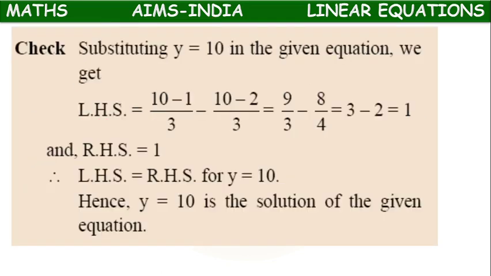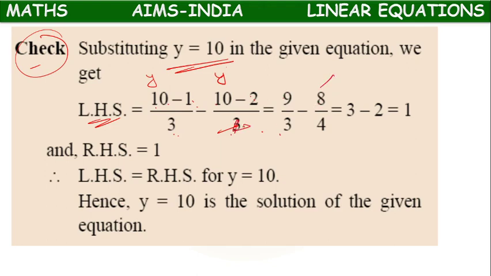So check. Next we have to check it. Substituting y equal to 10 in the given equation. LHS: (y minus 1) by 3 is (10 minus 1) by 3, and (y minus 2) by 4 is (10 minus 2) by 4. 10 minus 1 by 3 means 9 by 3.